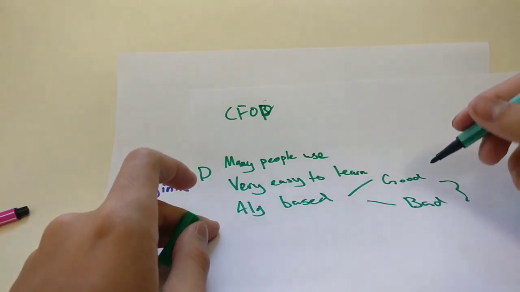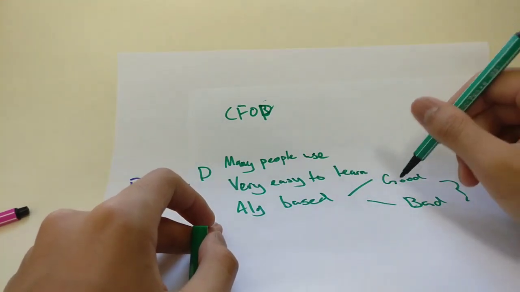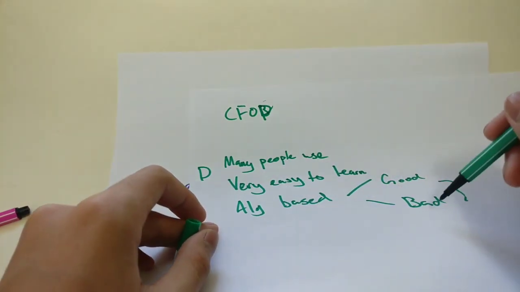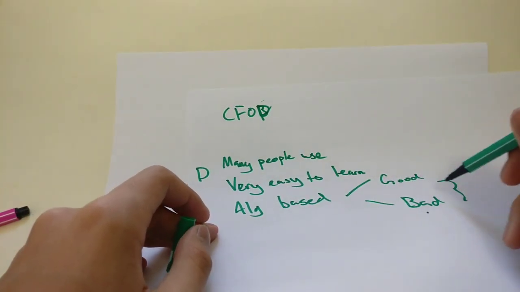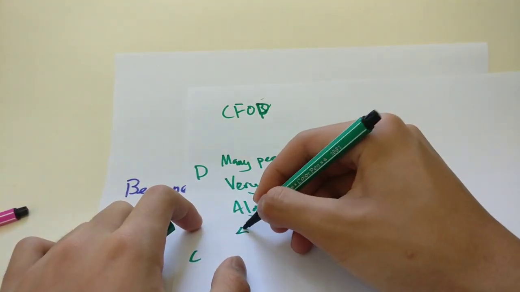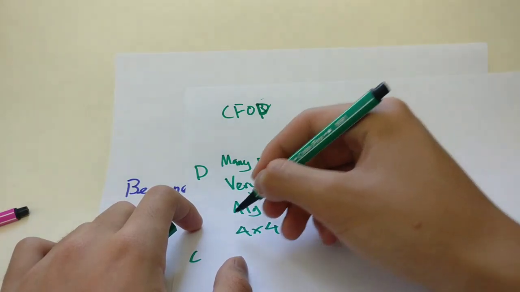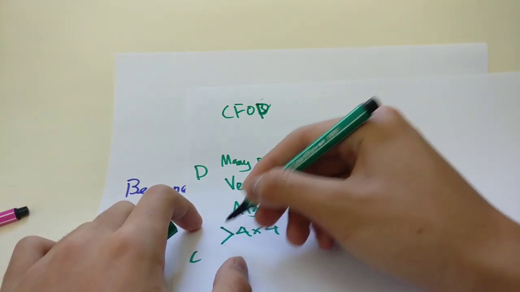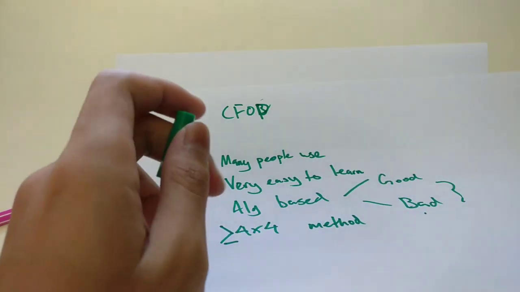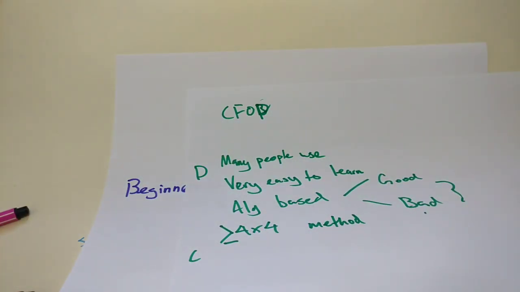But that could be a good or bad thing. You don't know. If you like algorithms, you might like remembering them, so CFOP might be good for you, but you also might just hate remembering stuff, so CFOP might be bad for you. And it's also a very good 4x4 method and above, because there are some methods with 4x4 and even possibly 5x5 where your cross is already done.